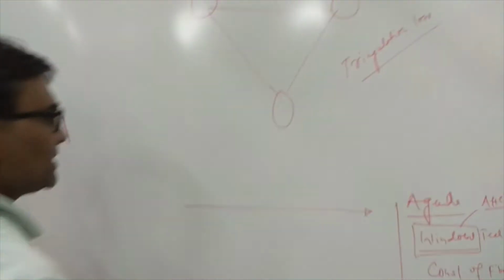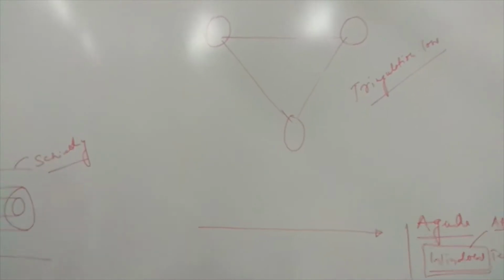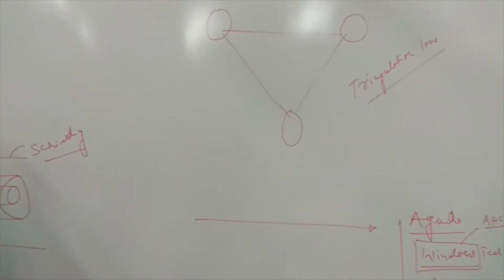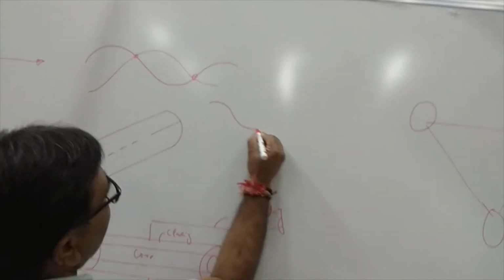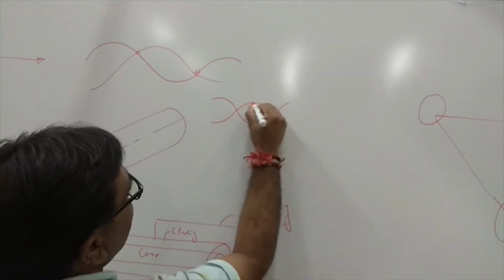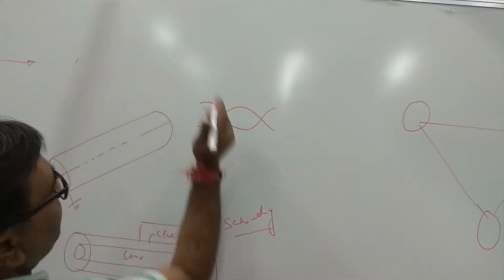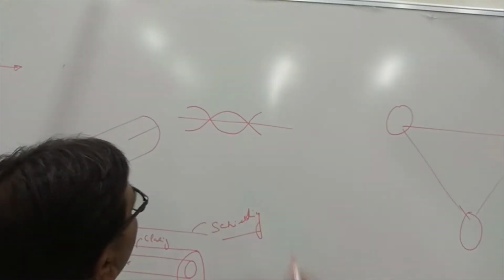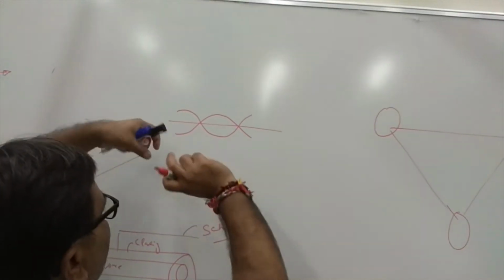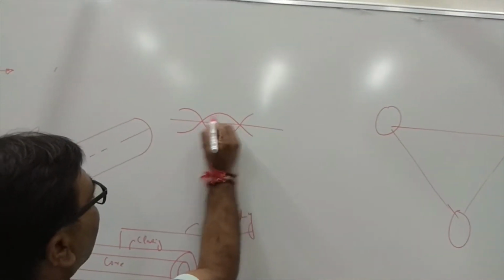So first I will describe the twisted pair cable. Please draw it in a symmetric way, looking like this. This is the actual combination of twisted pair. Now see, two wires are twisted in such a way, right?